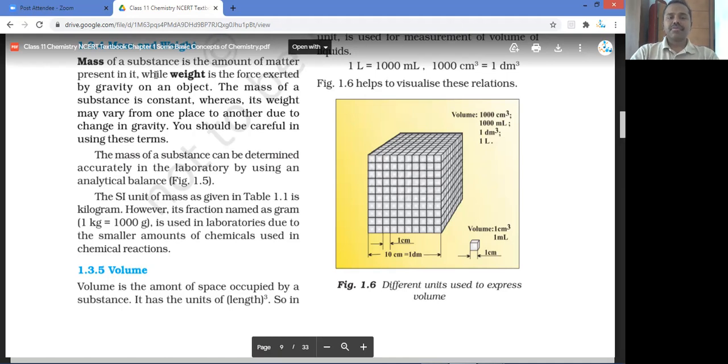So the mass of a substance is constant, whereas its weight may vary from one place to another due to change in gravity. Have you seen the astronauts and the vehicles they use? So when you go up to the moon, the gravitation is different, and that is why it is all designed for those special purposes.